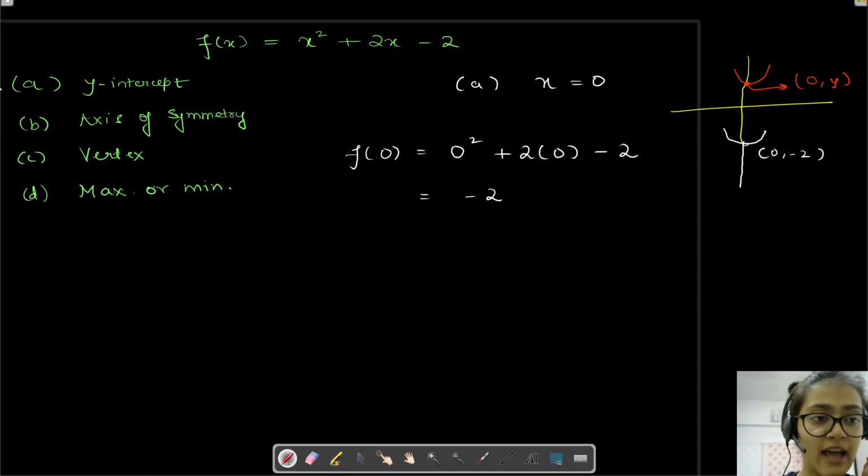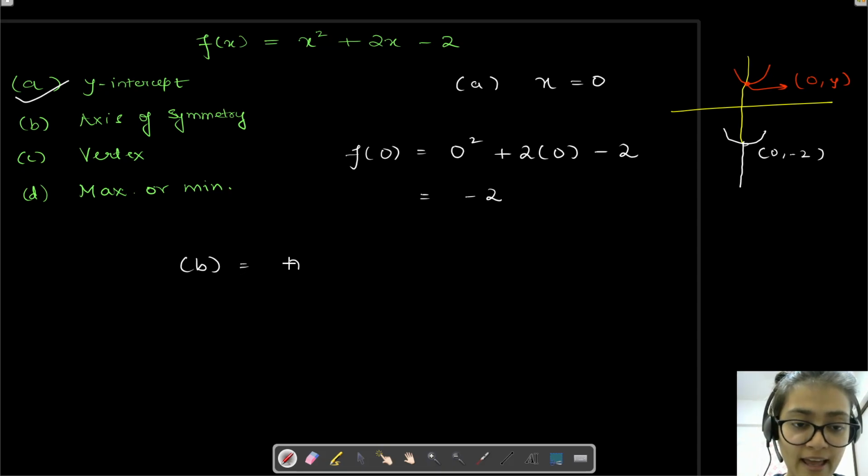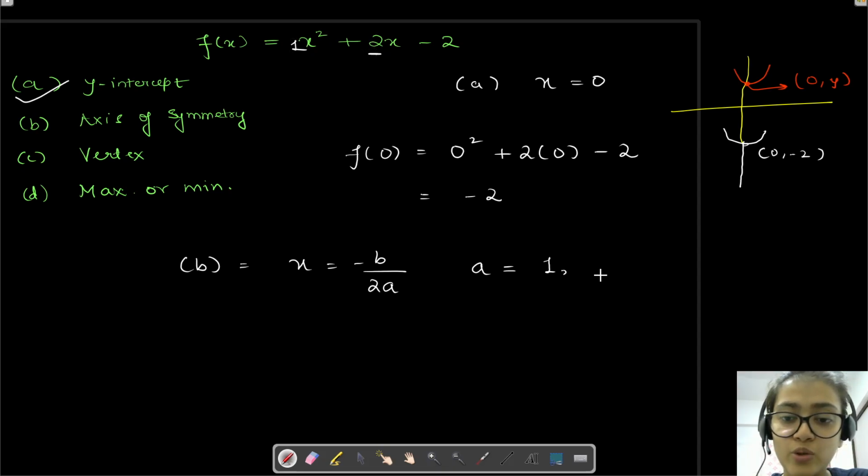Okay, next we have the axis of symmetry. The equation of the axis of symmetry is given by x equals negative b over 2a. What are the values of a, b, and c here? a is 1, b is 2, and c is negative 2.